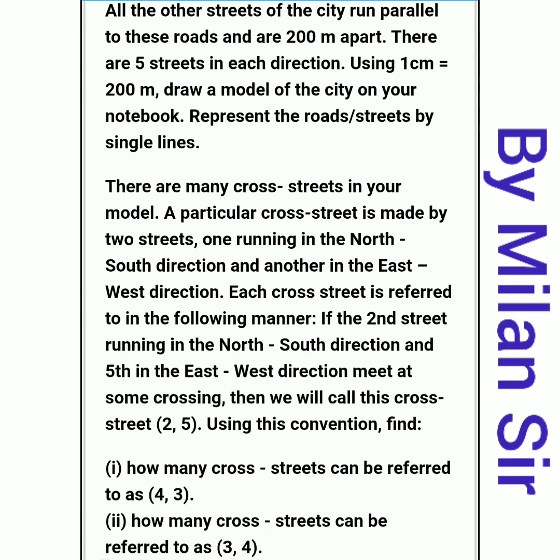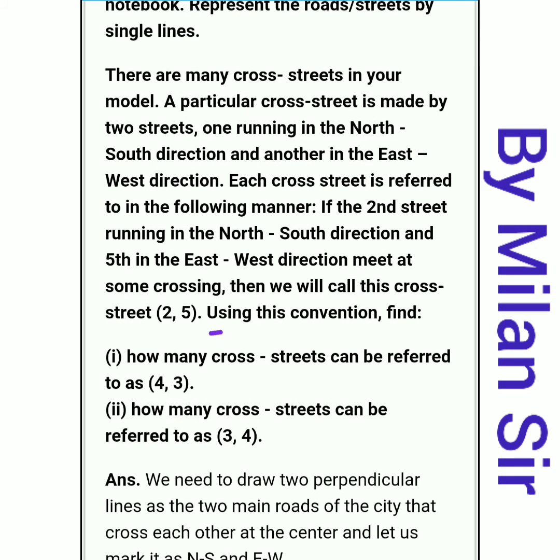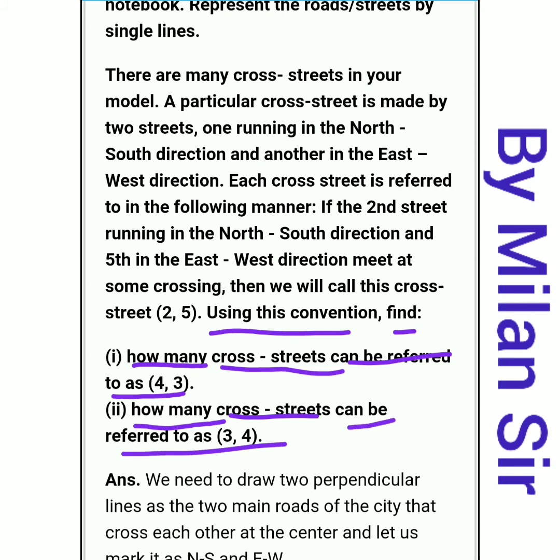Then this 5 represents the east-west direction, so we represent the y coordinate on the east-west direction, that means on the y axis. Using this convention, find how many cross streets can be referred to as (4, 3) and how many cross streets can be referred to as (3, 4).